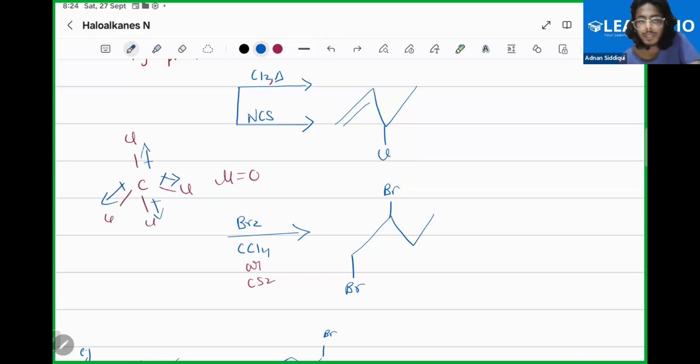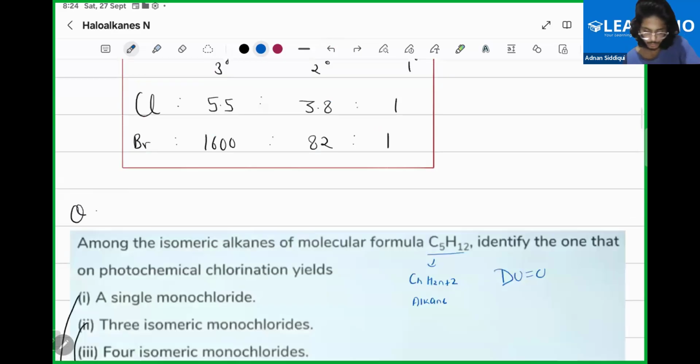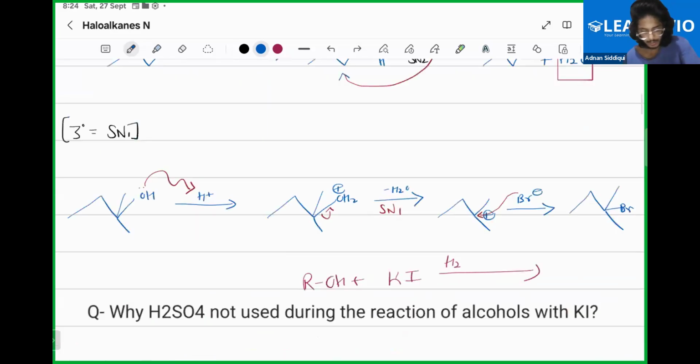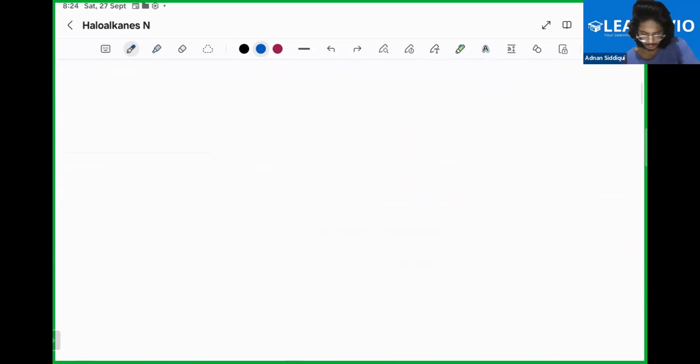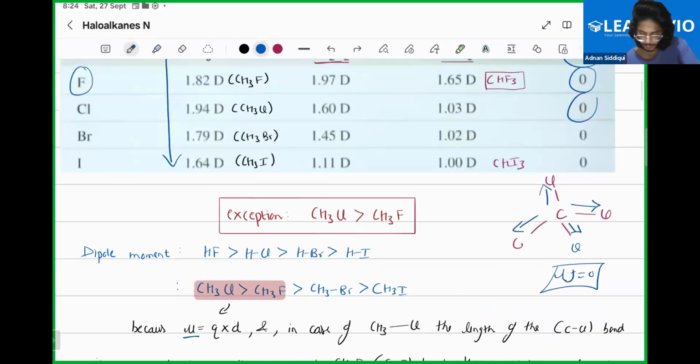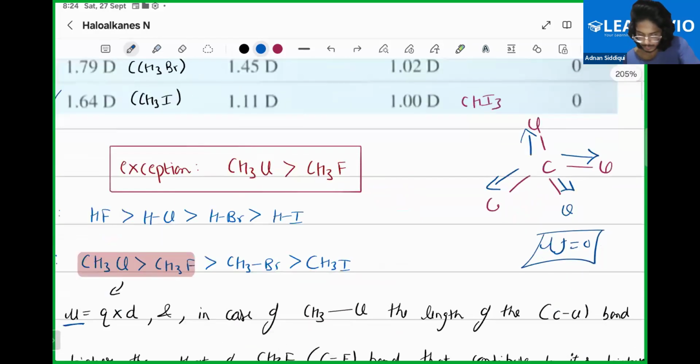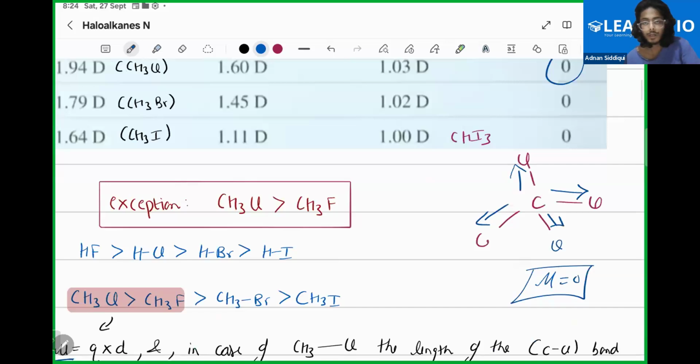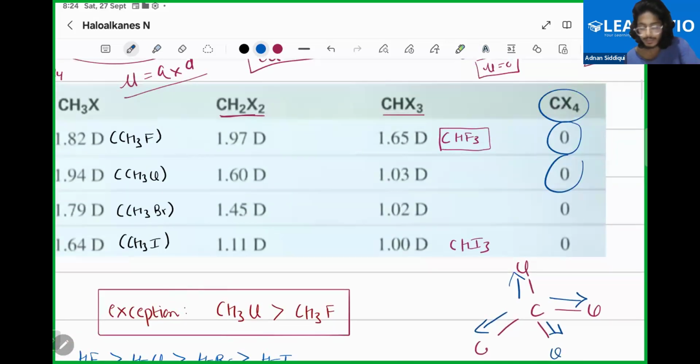So this is acting in the opposite direction. If the dipole moments are acting in opposite directions, the overall dipole moment will be 0. CCl4 is 0, CF4 will be 0, CBr4 will be 0. Please revise.